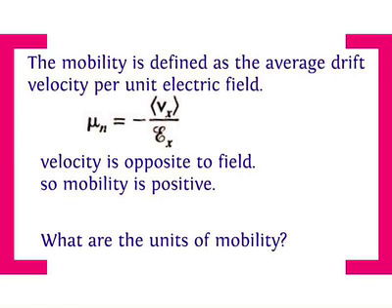Okay, someone tell me. Let's do one thing at a time. What are the units of velocity? All right. What's the unit of field? What are the units for field? Volts is potential.